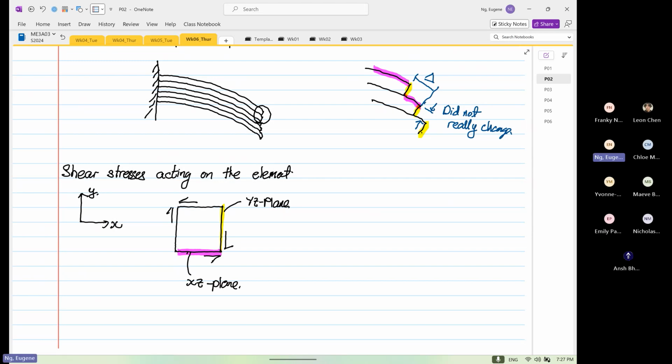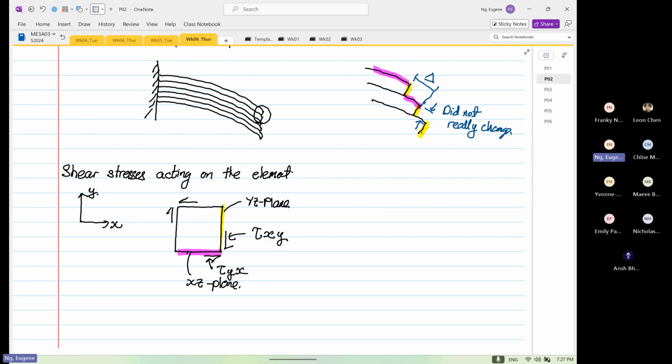If you look at this arrow over here, this arrow is shear. The plane is intersecting the x-axis and the direction is in the y. And on the other side, this arrow is shear. The plane will be intersecting the y-axis, and the shear force or the arrow is pointing in the x direction.